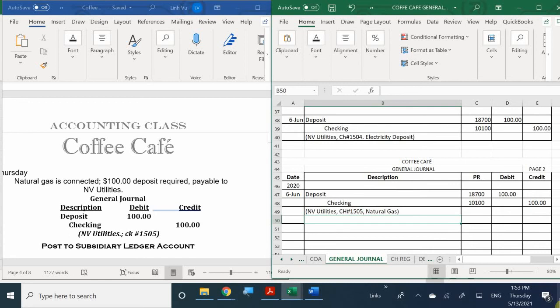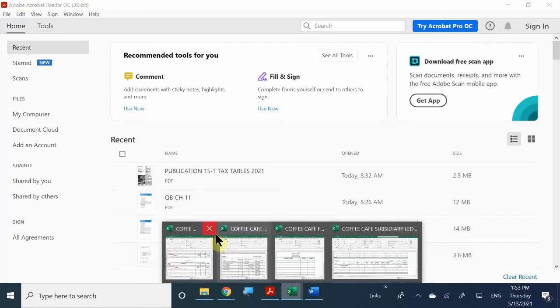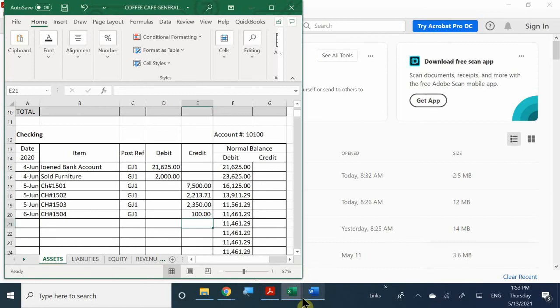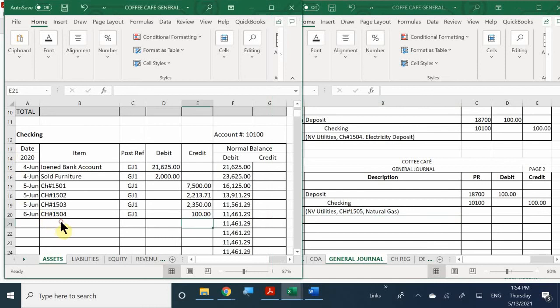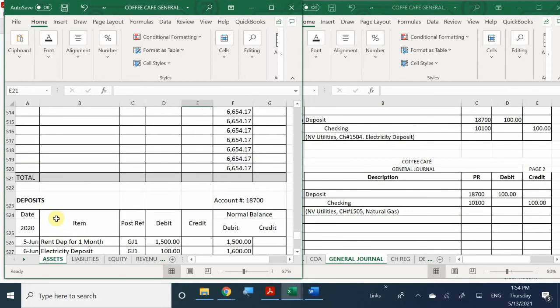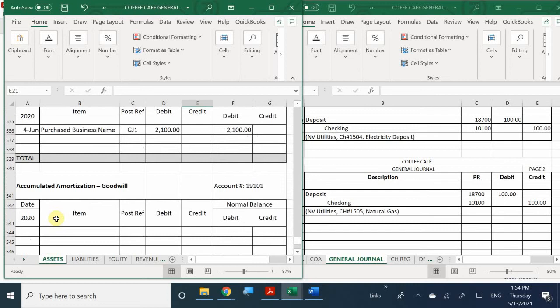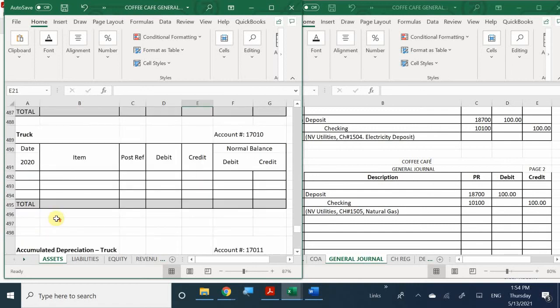All right, so now that we journalized it in our journal, we need to post it to our ledger. Oops, my ledger's this one. Once again, I'm going to do it in order just so that I don't lose track. I'm going to go to my deposits first.